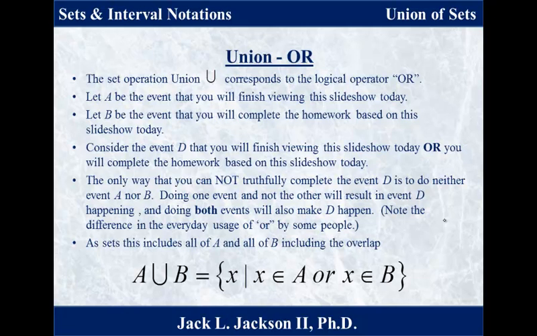So let A be the event that you'll finish viewing the slideshow today, B the event that you'll complete the homework based on this slideshow, and D be the event that you will finish viewing the slideshow today or you will complete the homework. So D is A or B. So let's see what happens. What if you don't do A and you don't do B? Well, then certainly A or B is false. So if A is false and B is false, then A or B is false.